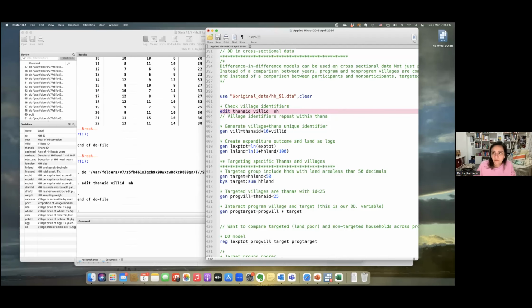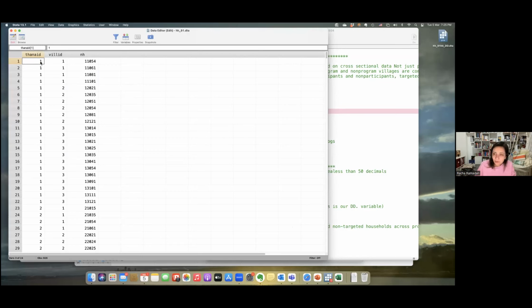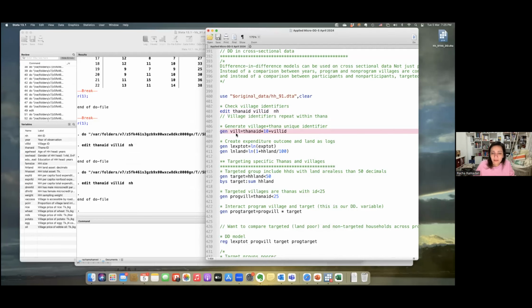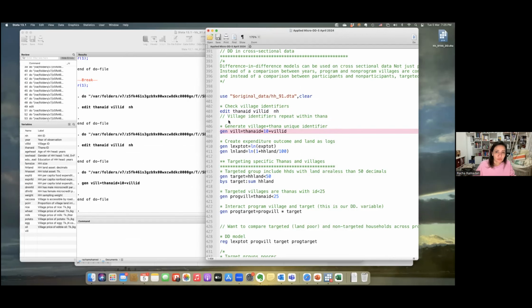Instead of having an identifier for the SANA and an identifier for the village, I will create a new identifier for both. So I will have for each household one identifier which is composed of the SANA ID and the village ID. Okay, this is how I will generate it. Let me show it to you.